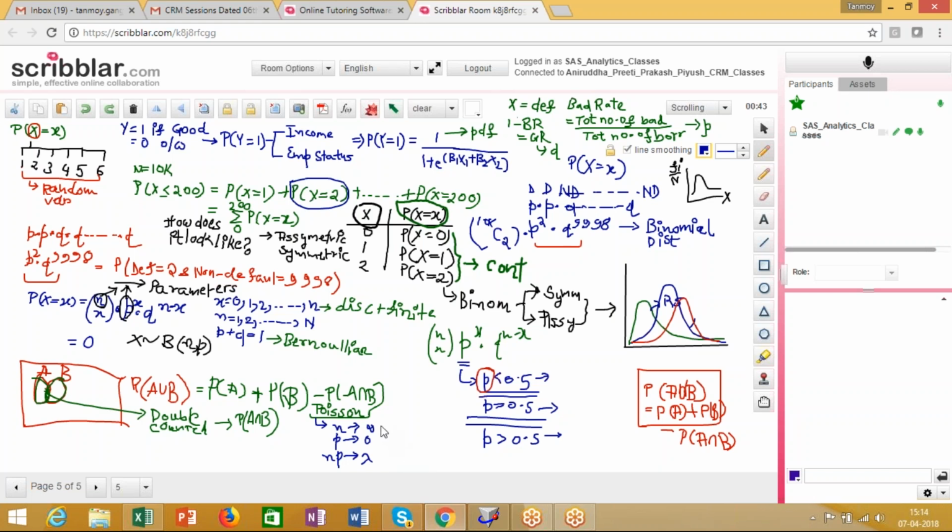So if these characteristics are satisfied, then what we have is the Poisson distribution, and it looks like this.